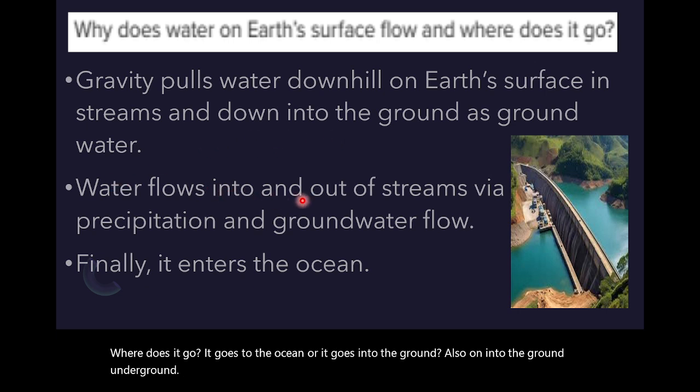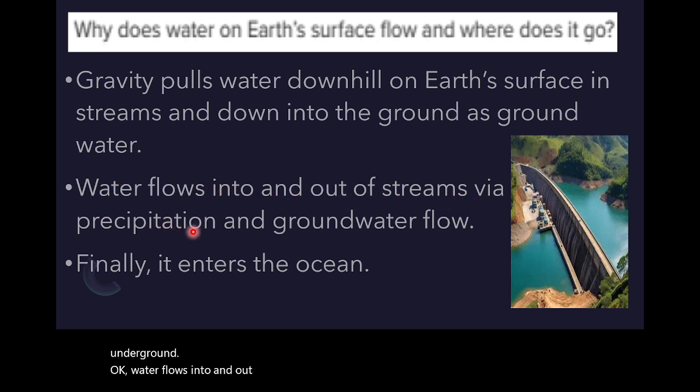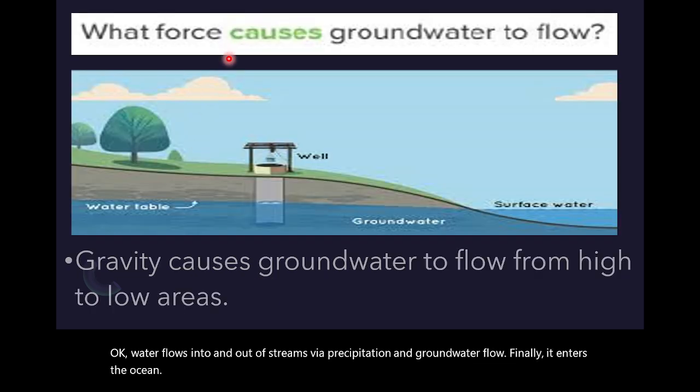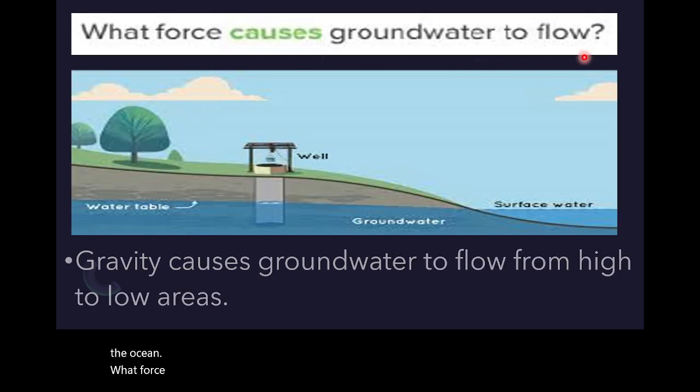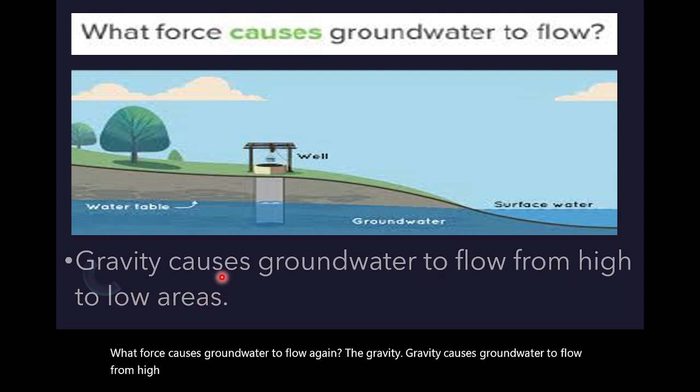Water flows into and out of streams via precipitation and groundwater flow. Finally, it enters the ocean. What force causes groundwater to flow? Again, gravity. Gravity causes groundwater to flow from high to low areas. As you can see in this picture, from high area to low area, groundwater flows.